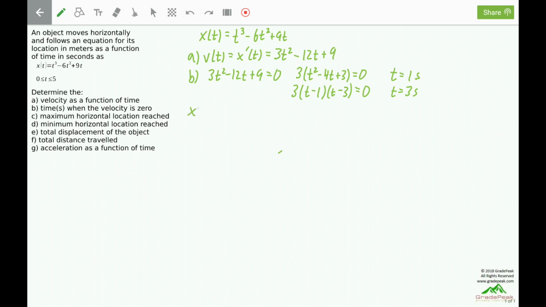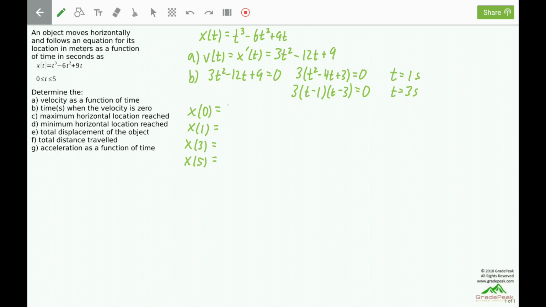So we're going to evaluate the position at the initial time of 0, the first 0 velocity time of 1, the second 0 velocity time of 3, and then the final time of 5. These will plug into the position function of t.